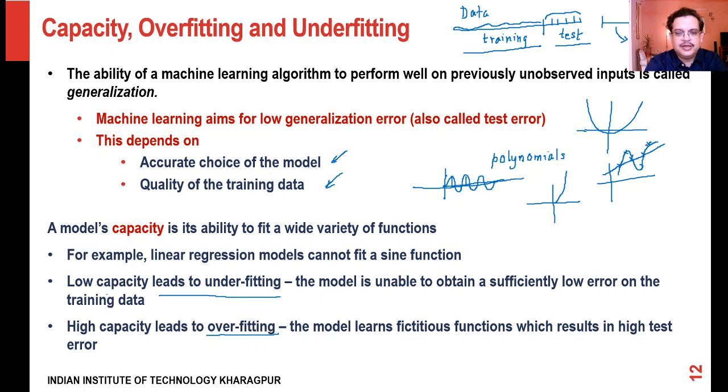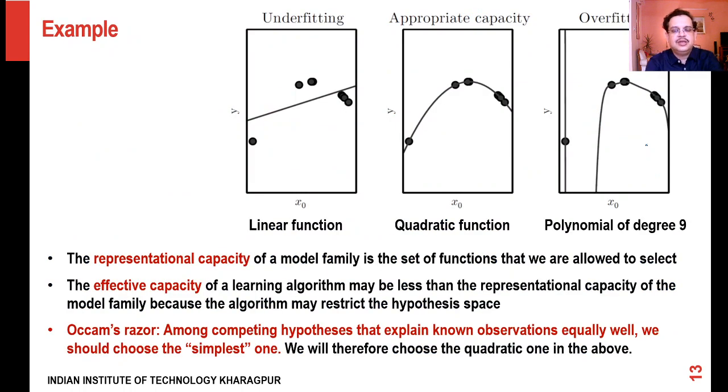The next slide actually explains this. So here, as you can see, we have a problem of underfitting in the first one, because I am trying to fit the set of data points using a linear function, and therefore I have a lot of error. These are all adding up as errors, so there is a significant amount of error.